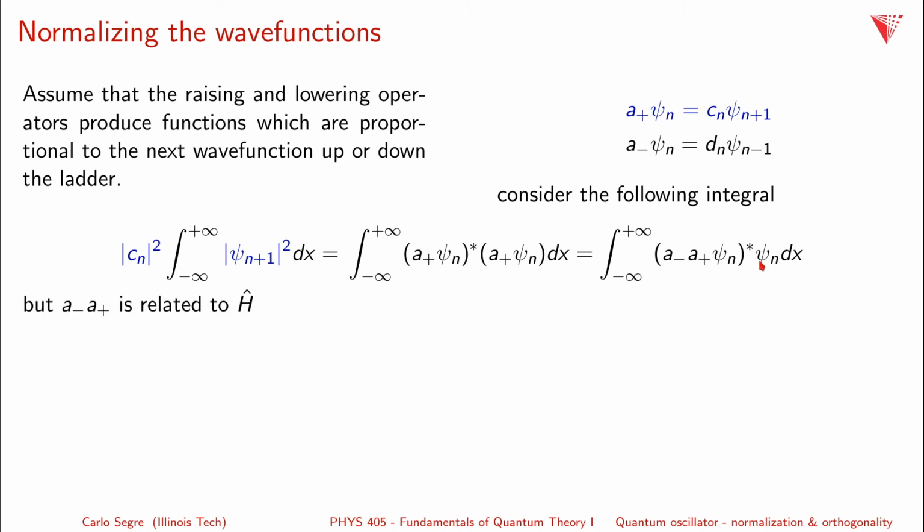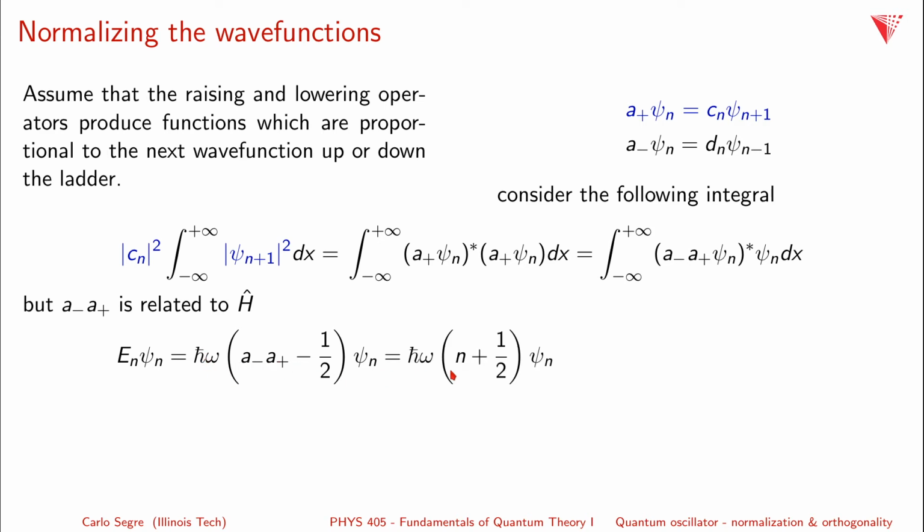Well, what does that do? Well, A minus A plus is related to the Hamiltonian. If you recall, the Hamiltonian, or E sub n times psi sub n, is equal to h bar omega A minus A plus minus a half psi sub n. So this is our Hamiltonian, and A minus A plus is related to it.